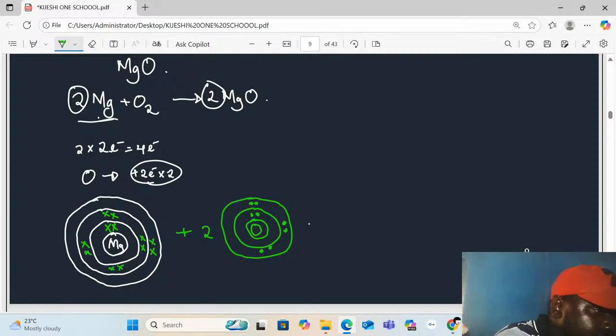Then what are they bringing out to us? Magnesium ion, like this. It is having 2 energy levels.